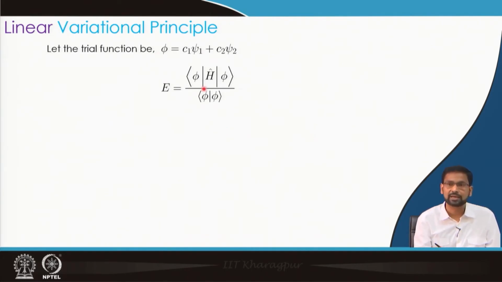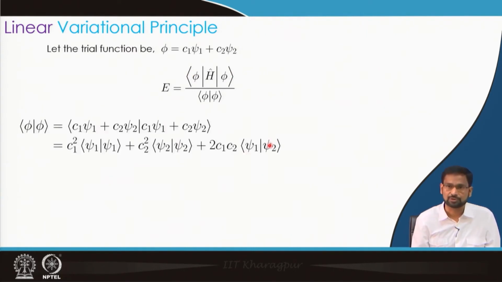So, immediately we can evaluate this energy expression, which requires two integral evaluations. First is to make sure that the trial wave function is normalized, that means the overlap of the trial function with itself. The second is this energy integral, or the expectation value of the Hamiltonian operator when the state is defined by this trial function phi.